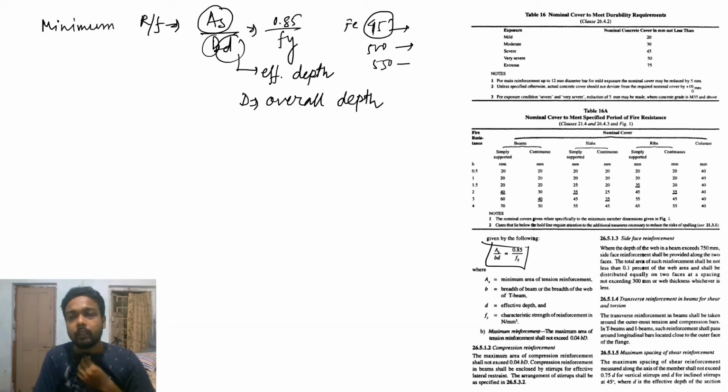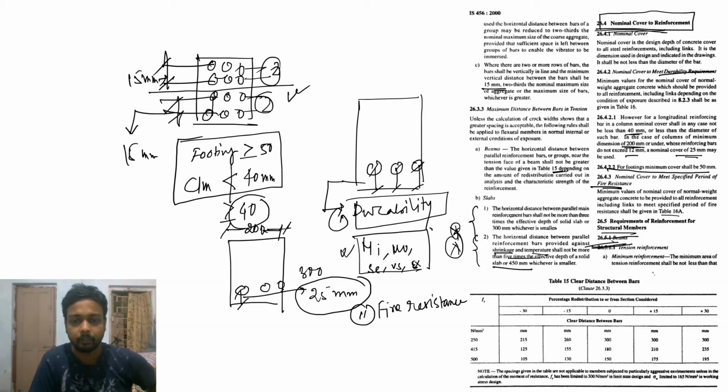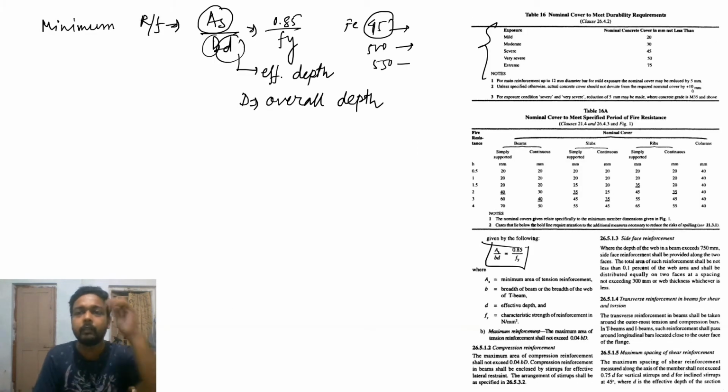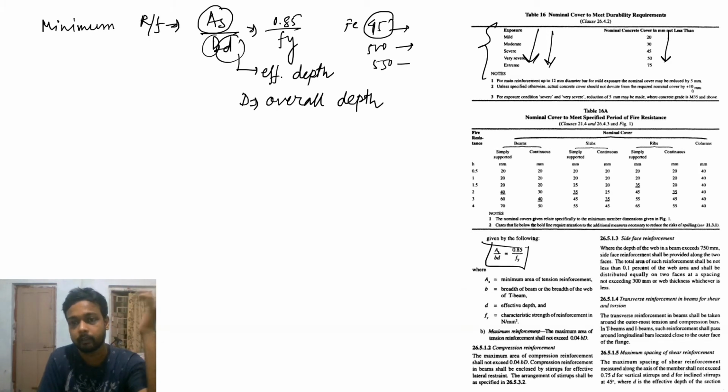Now we'll talk about Table number 16, the exposure condition. I write here: mild minimum 20, moderate minimum 30, severe 45, very severe 50, extreme. In this way, as exposure to water increases, the nominal cover increases.